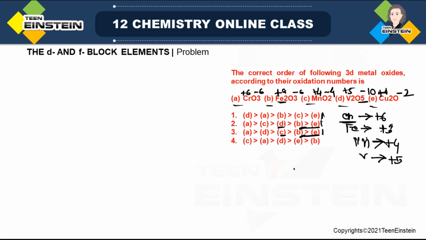That means which one will be the correct option? Among 2 and 3, any one of these will be the correct option, because if we consider the last two, it is the same, E and B. But then we have D and C, which means +5 and +4.